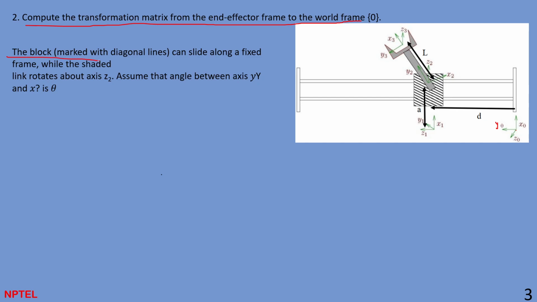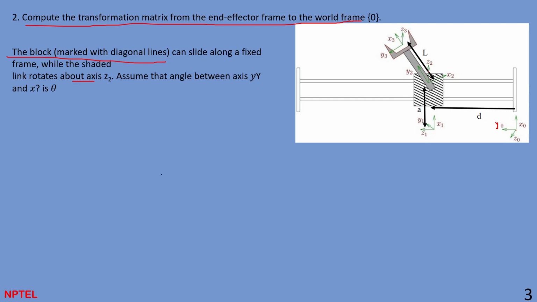A block marked with diagonal lines can slide. This block can slide in this direction, so at an instant it is sliding at a distance d, while the shaded link rotates about the z2 axis.